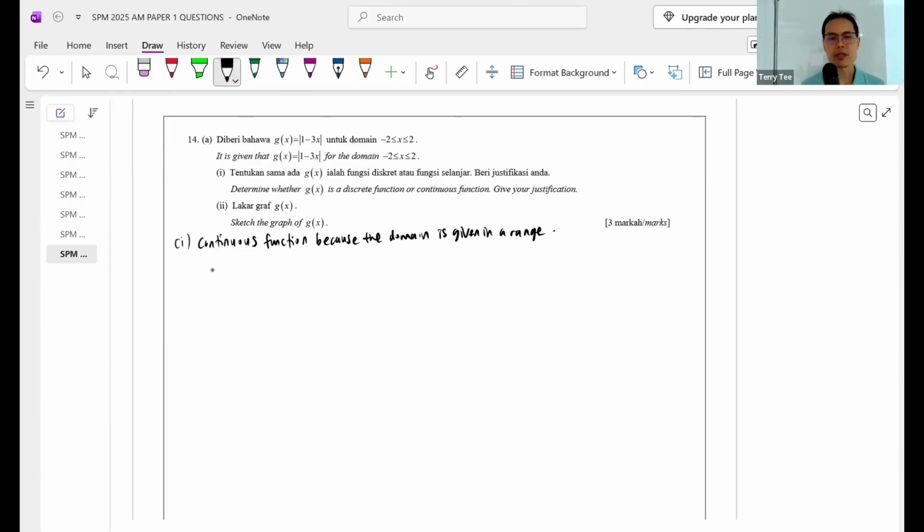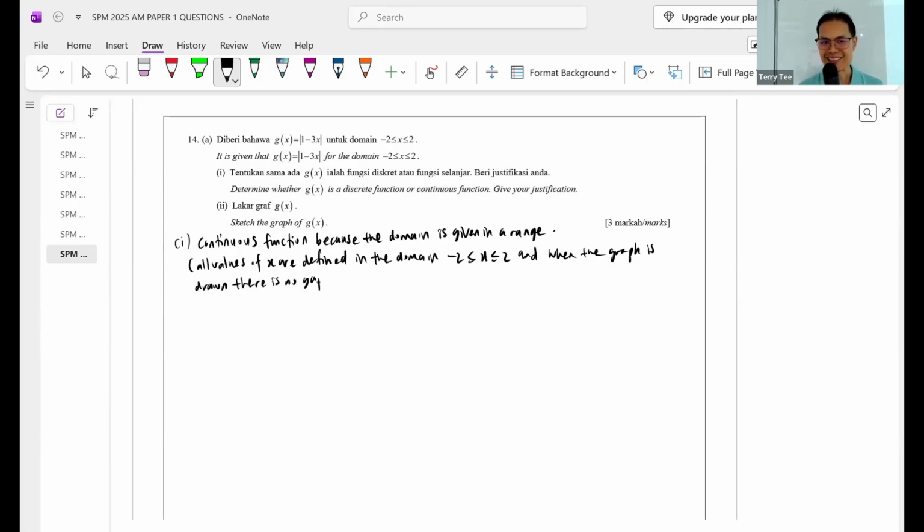For example, they may say, all values of x are defined in the domain minus 2 to 2, and when the graph is drawn, there is no gap.